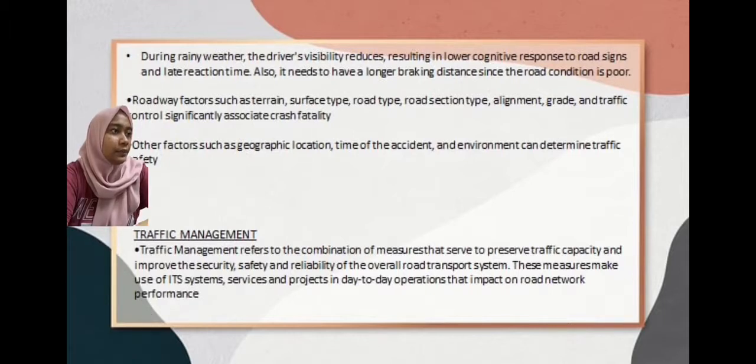Traffic management. Traffic management refers to the combination of measures that serve to preserve traffic capacity and improve the security, safety, and reliability of the overall road transport system. These measures make use of ITS systems, services, and projects in day-to-day operations that impact road network performance.